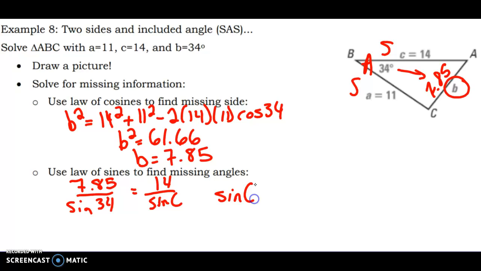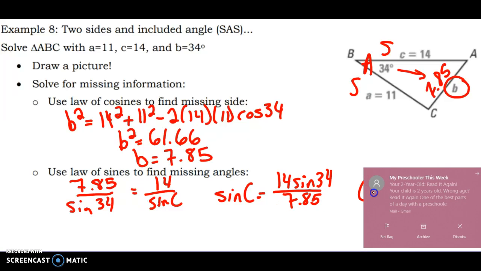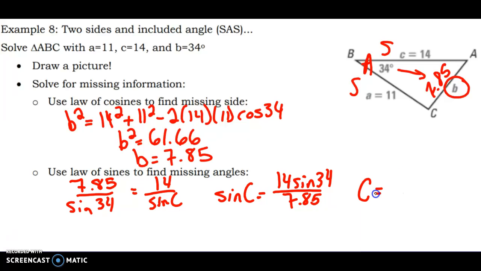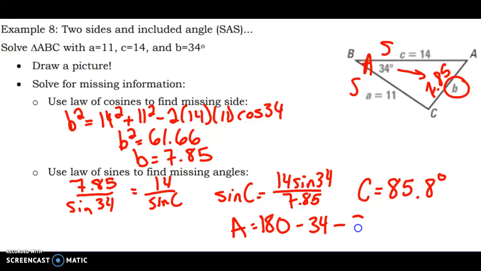Cross multiply, and divide, and angle C equals 85.8 degrees. To find angle A, you need to subtract from 180 minus 34, which is angle B, minus 85.8 to get angle A.